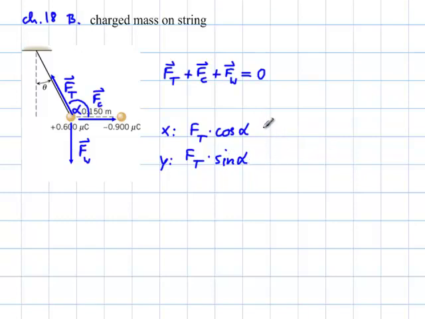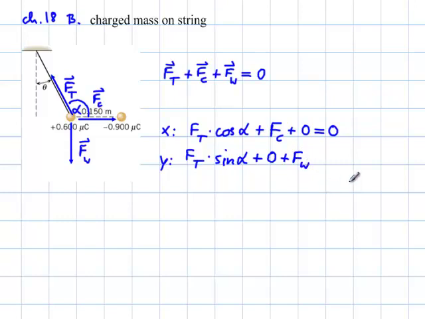So times sine alpha because it's the vertical, and now the Coulomb force that acts only in the horizontal, so Fc, and then in the vertical the Coulomb force is 0 because it has no vertical component in this problem, and then the weight, which is 0 in the horizontal, obviously, and that equals 0 because the net force is 0.